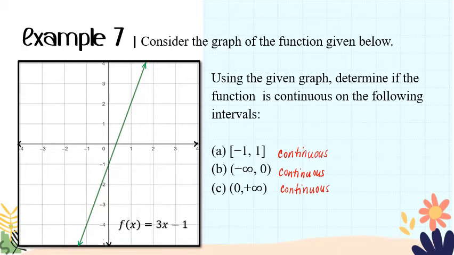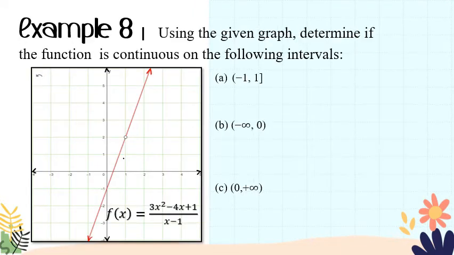So since 3x minus 1 is a polynomial function, we can safely say that all polynomial functions are continuous for all real numbers. That means at any point or on any interval, polynomial functions are always continuous.